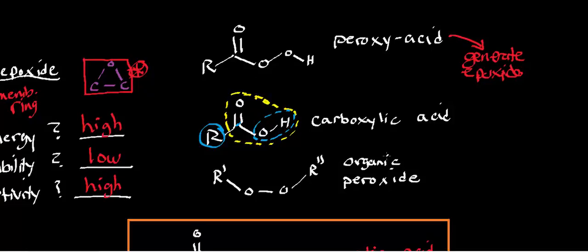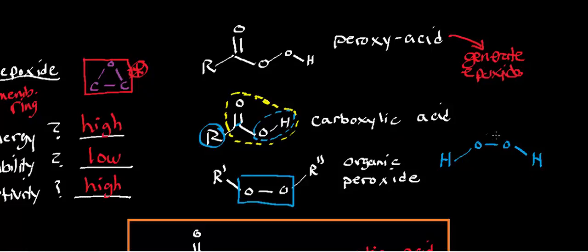Another one that you may not have seen, or you may have just seen it if you did alkene additions, is what's termed a peroxide. All a peroxide is, is when you have two oxygen atoms that are singly bound to each other. The simplest peroxide, it's not an organic peroxide, but it's hydrogen peroxide. You've probably used this. If you get a cut, you put that hydrogen peroxide on the wound, and it kills bacteria.